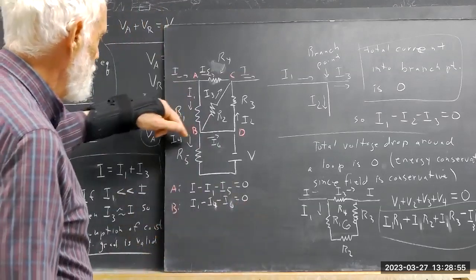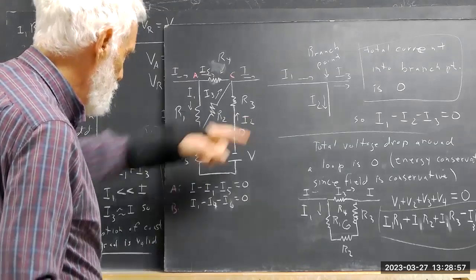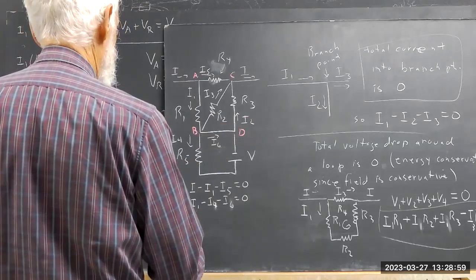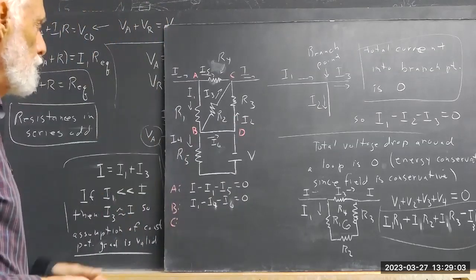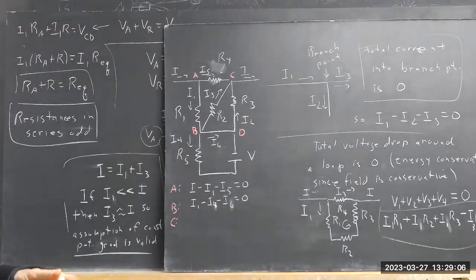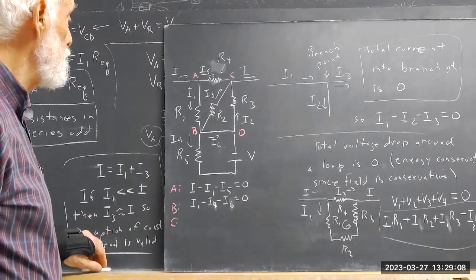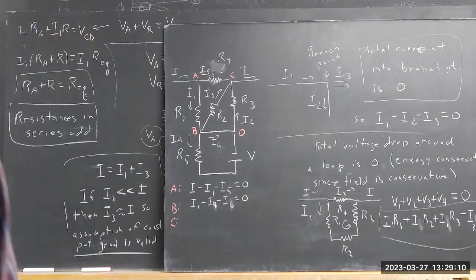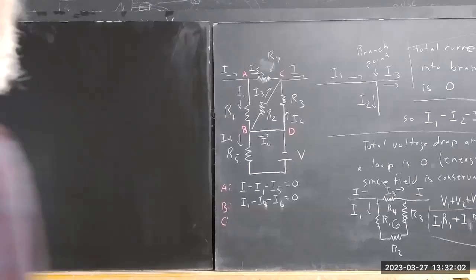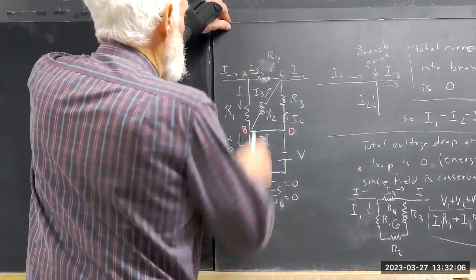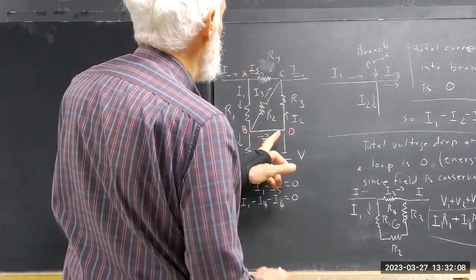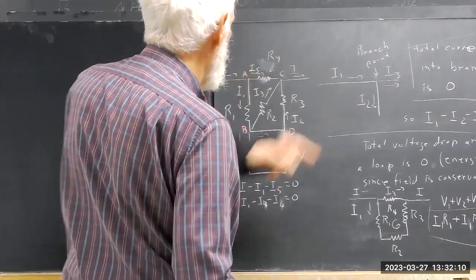Careful: I1 coming in, I4 goes this way, I6 goes this way. Well, write out what we have at C and D. Okay, I think everybody looks like they're doing pretty well. What happens at C? We have I5 coming in, I2 coming in, and I going out.